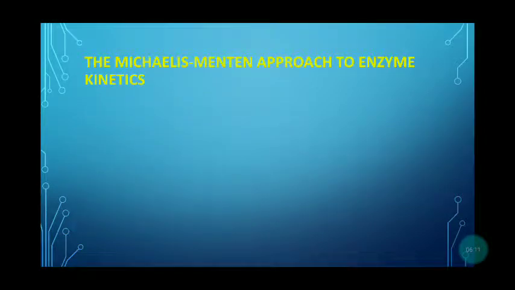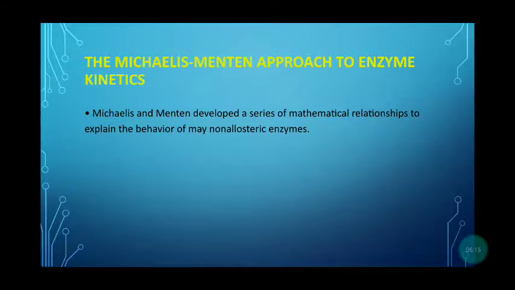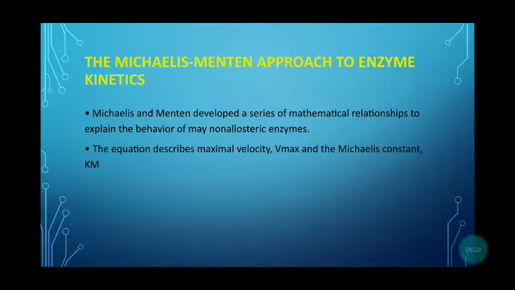The third one is the Michaelis-Menten approach to enzyme kinetics. Michaelis and Menten developed a series of mathematical relationships to explain the behavior of many non-allosteric enzymes. The equation describes the maximal velocity, Vmax, and the Michaelis constant, Km.